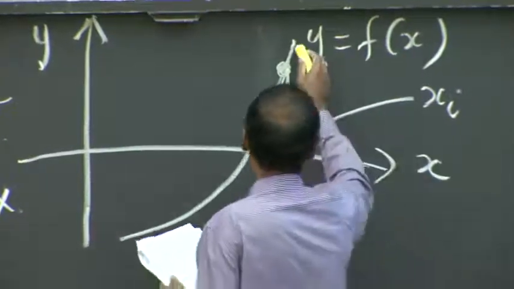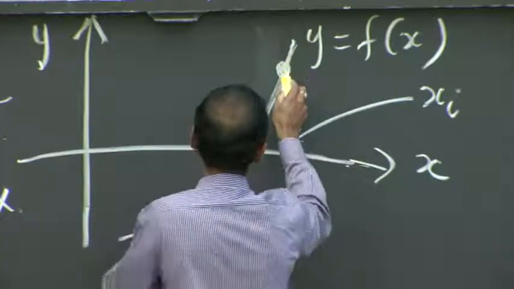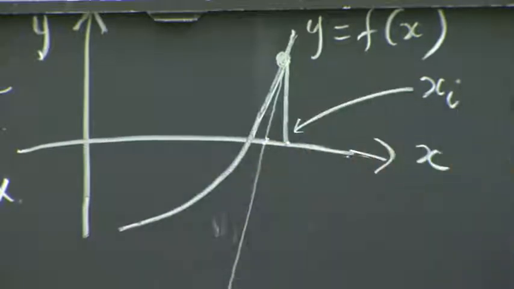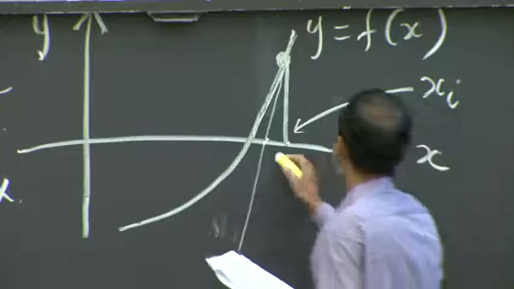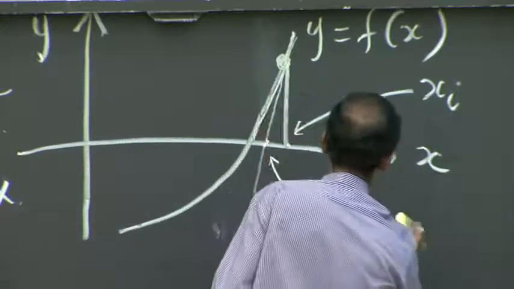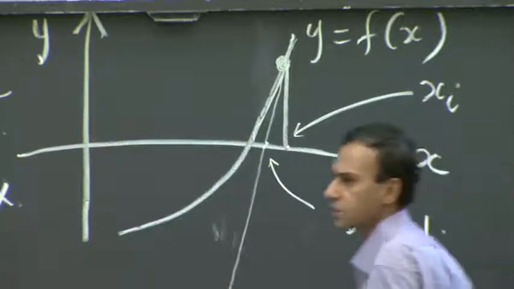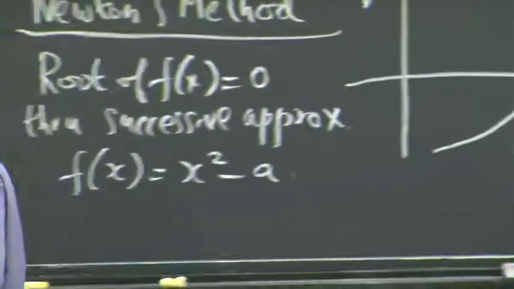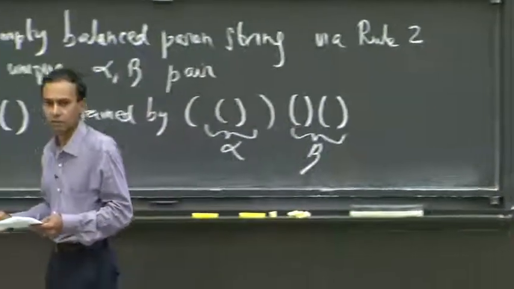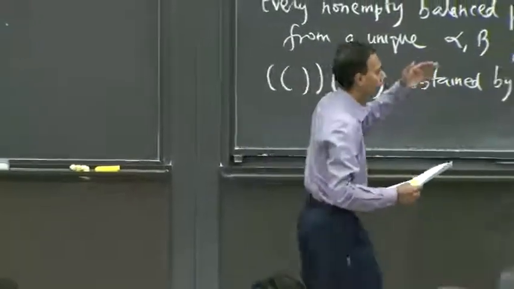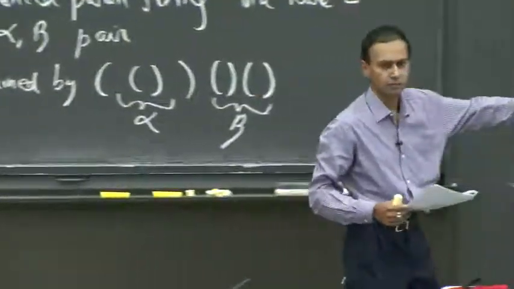What you're going to do is draw a tangent like so and find the intercept onto the x-axis, the x-intercept, and that is going to be your x of i plus 1. And you have to write an equation for that tangent. I'm trying to figure out how much of middle school or high school math you remember. What is the equation for that tangent? Anybody?